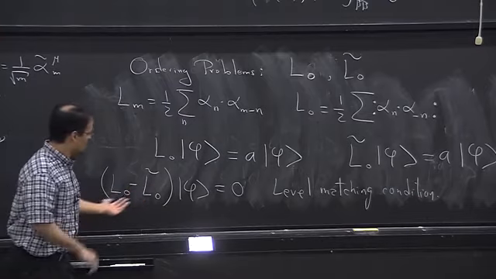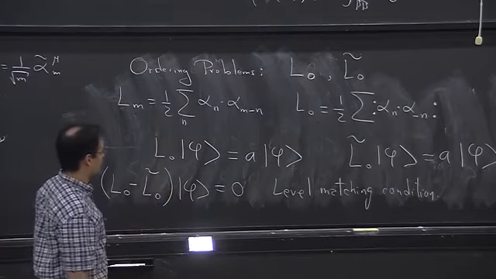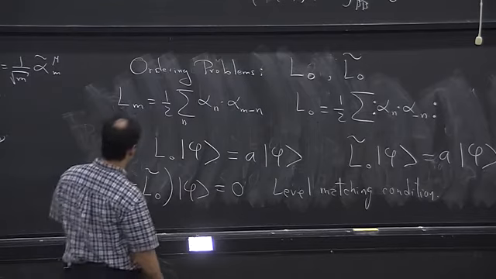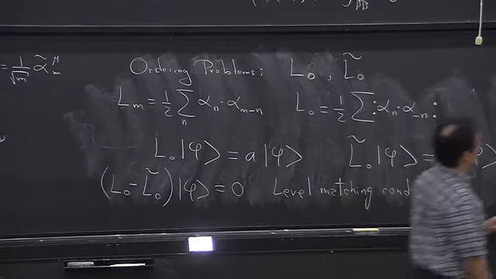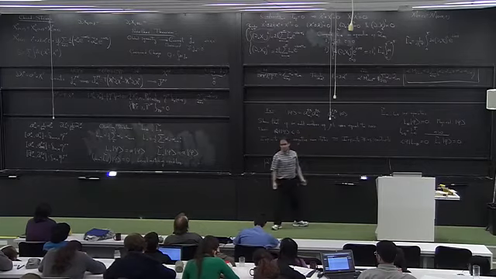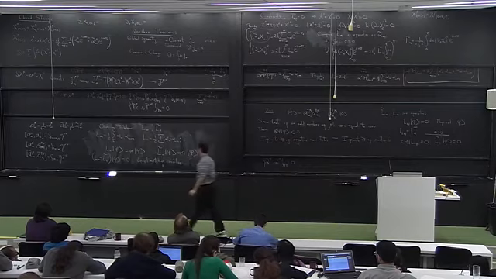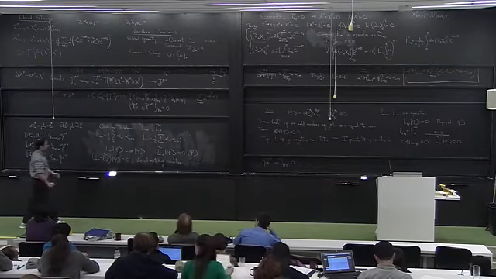There has to be some matching on the physical states. Okay? So you cannot just choose a state with only, just like I did here, a state that only has left movers. That will not be physical. You have to compensate with the two.